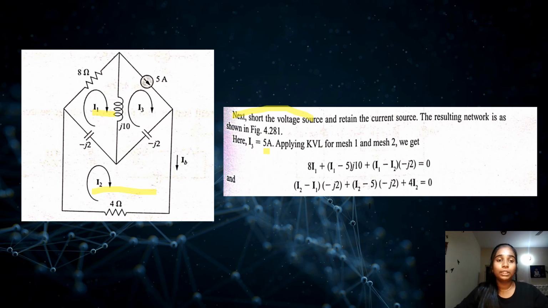Applying KVL, we get 8I1 plus (I1 minus 5) multiplied by j10 plus (I1 minus I2) multiplied by minus j2, which will be 0. Now (I2 minus I1) multiplied by minus j2 plus (I2 minus 5) multiplied by minus j2 plus 4I2 will give us 0.